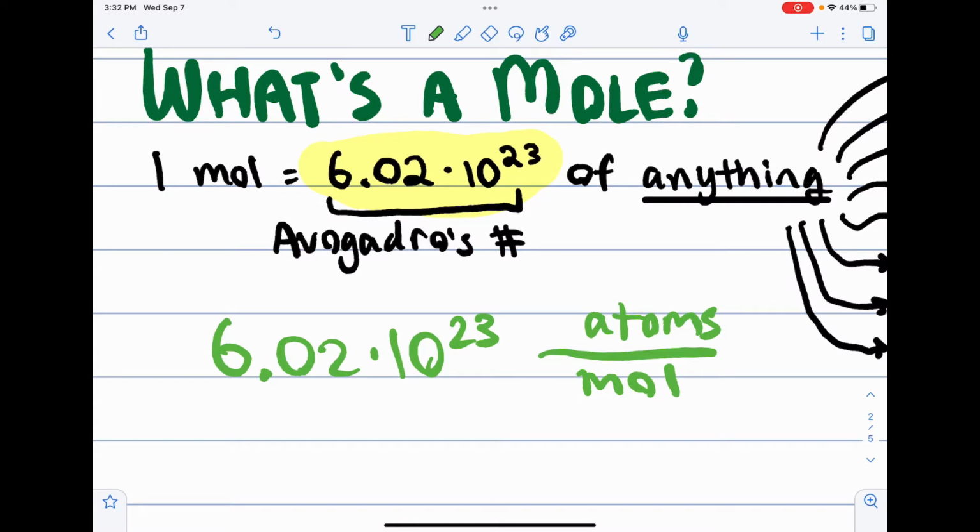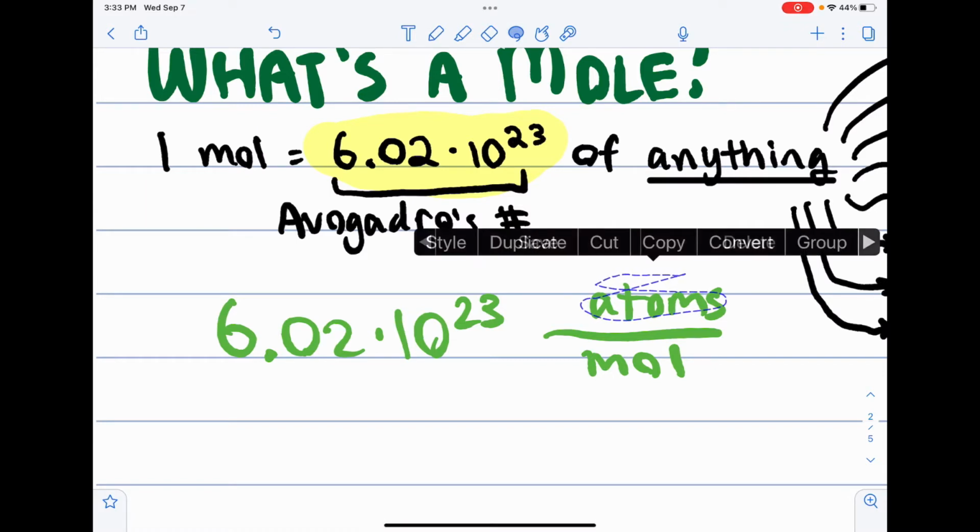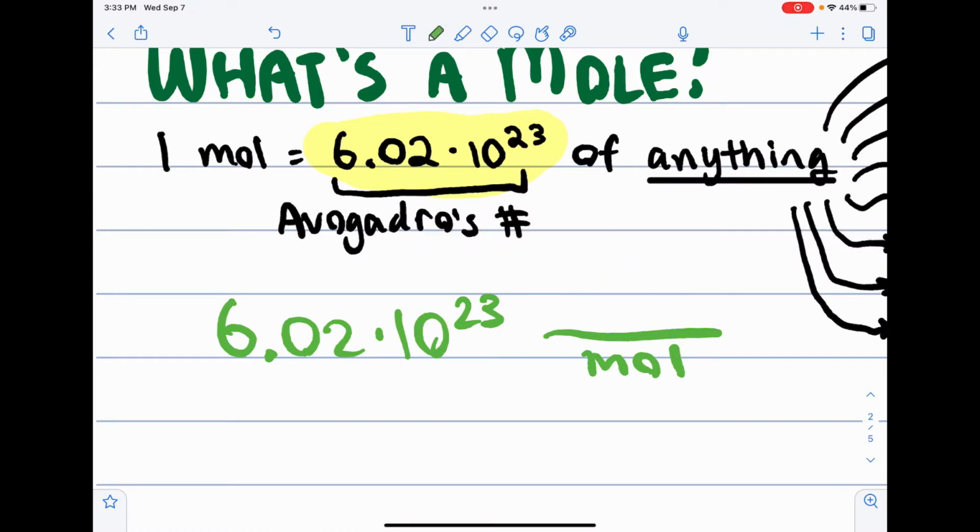And as I say this exponent again and again, hopefully it makes sense to you why we have a system to avoid saying it. So we don't have to say atoms. We can say molecules. So we could have this say molecules per mole. We could have this say ions per mole or formula units per mole.